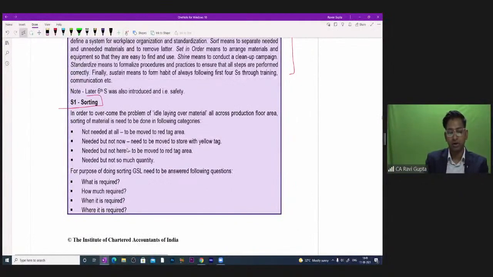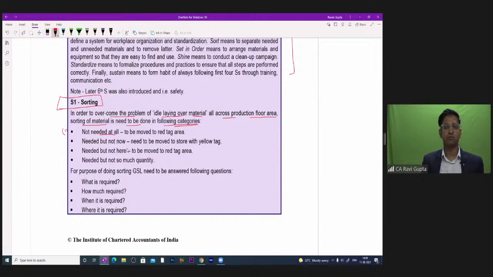S1 sorting. In order to overcome the problem of idle material lying all across the production floor area, sorting of material needs to be done in the following categories. Number one, not needed at all. I've told you, what is sorting?